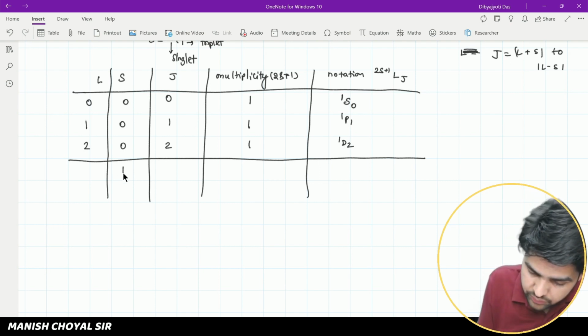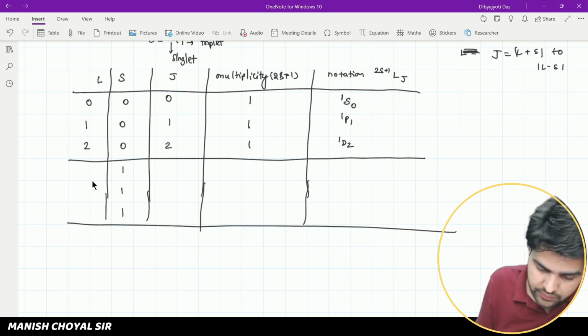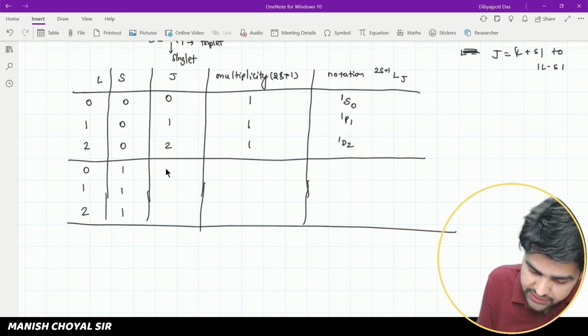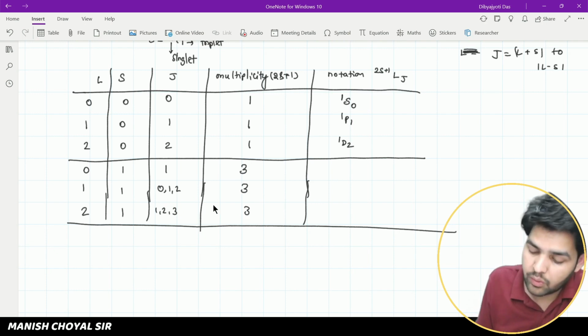So corresponding to S equals 1, there are 3 more values, 0, 1 and 2. So the possible values of J are 1, then 0, 1 and 2, then 1, 2 and 3. And the multiplicity is 3, 3 and 3 in all cases.